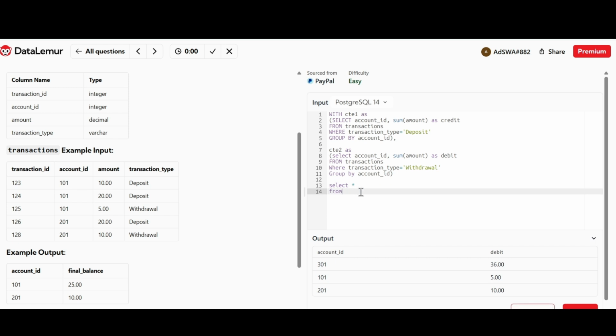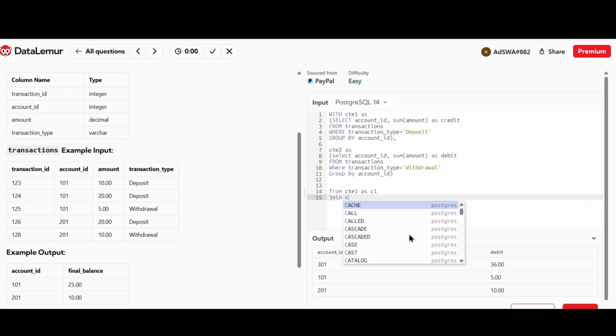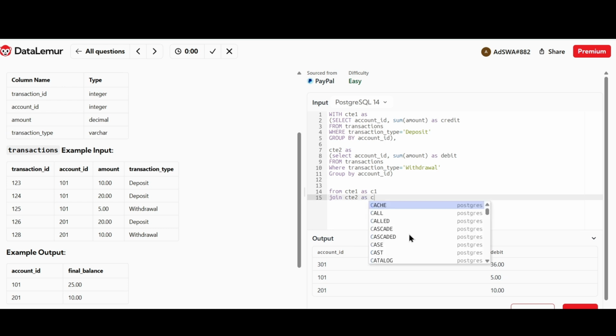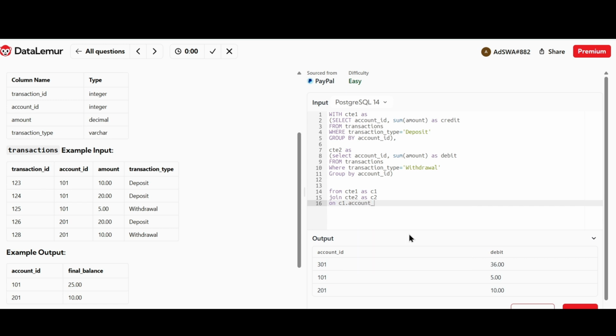Now we will join these two tables. So we will write from CTE1 as C1 join CTE2 as C2 on C1 dot account ID is equal to C2 dot account ID, and we will select C1 dot account ID, comma.